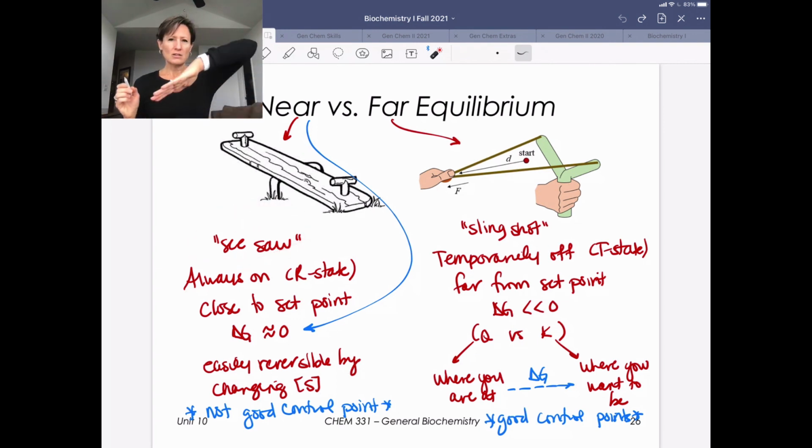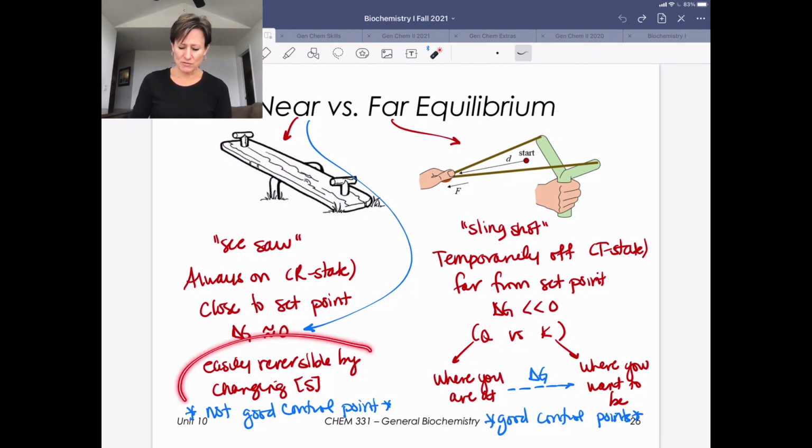The seesaw can be easily maneuvered by putting weight on one side or the other. The idea with a near equilibrium pathway or enzyme is that the enzyme will readily reverse direction depending on whether you're product heavy or reactant heavy. So that doesn't represent a good control point for flux in a metabolic pathway because you can easily change direction.